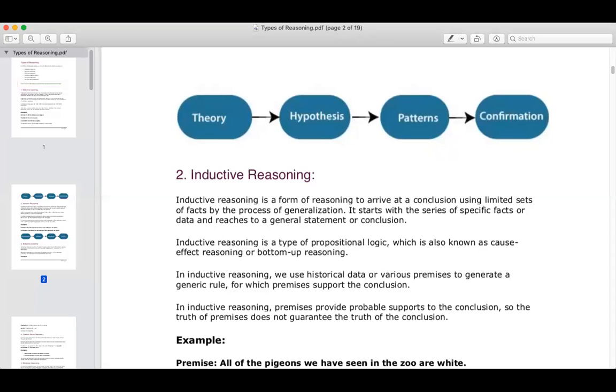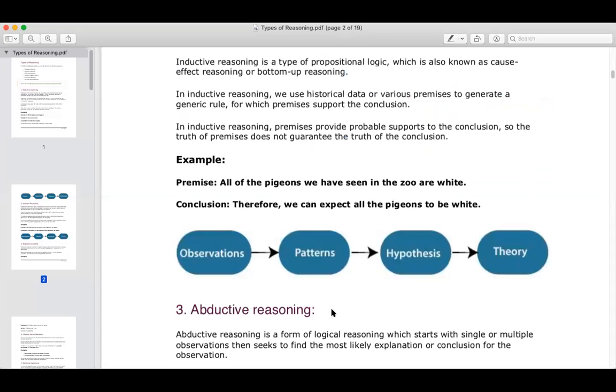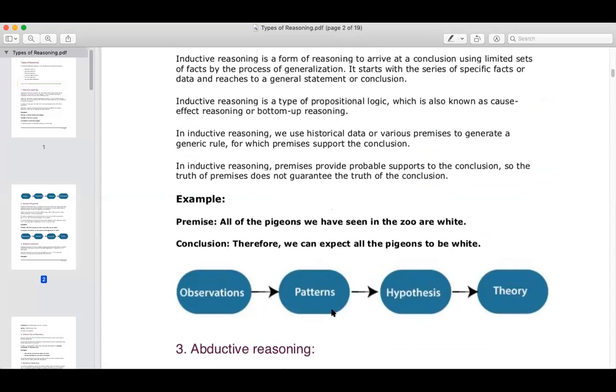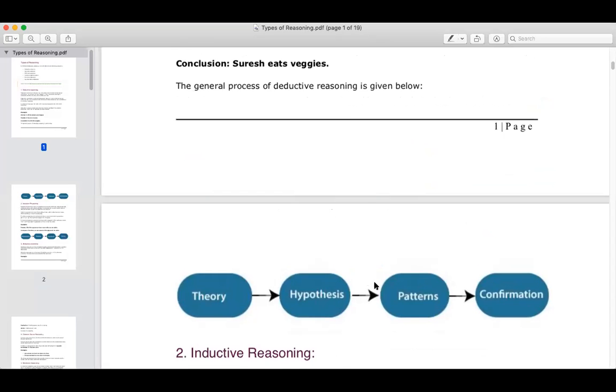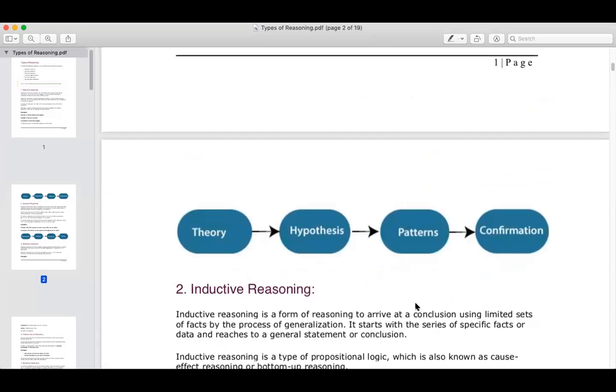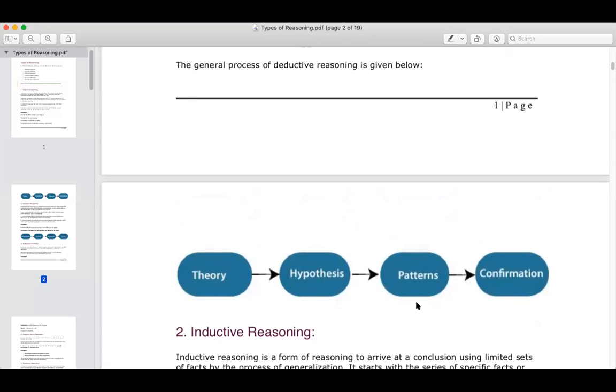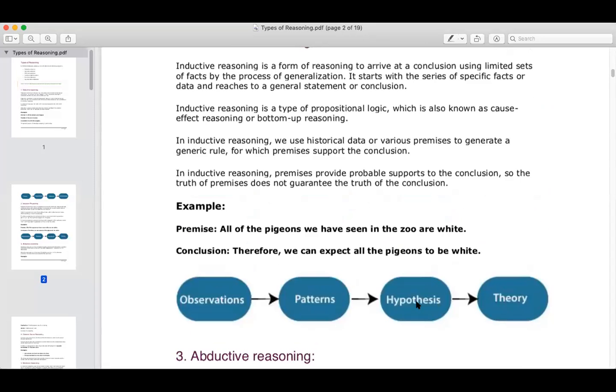In inductive reasoning, observations, right? So there are observation, patterns, hypothesis, theory, and in deductive, theory, hypothesis, patterns, and confirmation. सीधा confirmation, observation नहीं होता है, हम patterns देखते हैं. Okay, exactly.